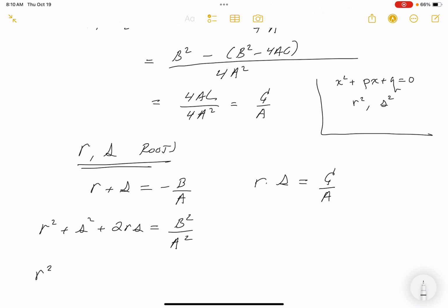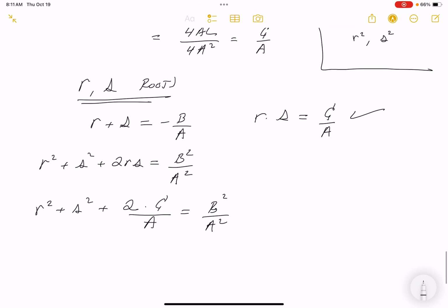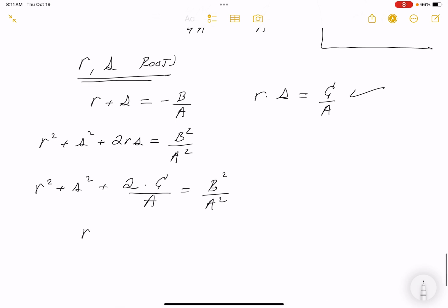So r squared plus s squared plus 2rs would actually be, looking at this now, r squared plus s squared plus 2 times c over a, and that equals b squared over a squared. So I'm going to maybe solve for r squared plus s squared.